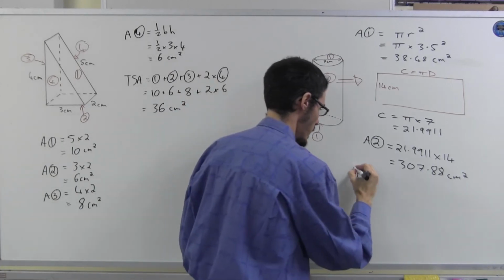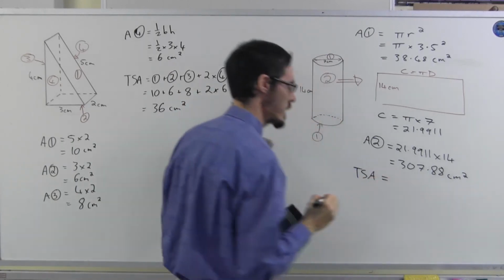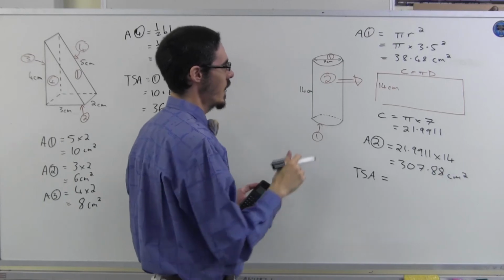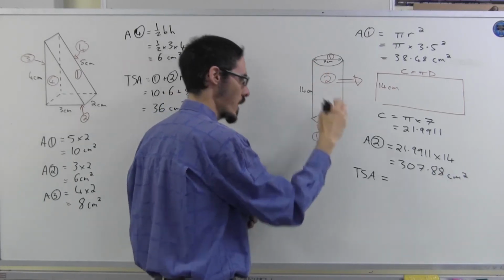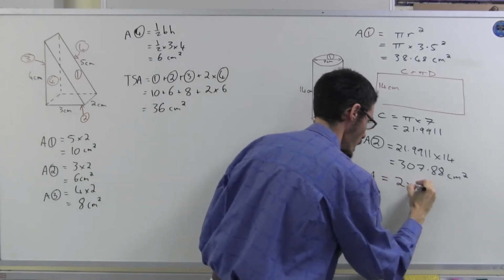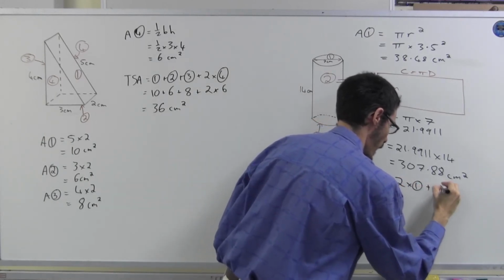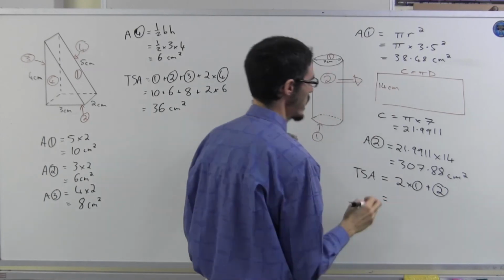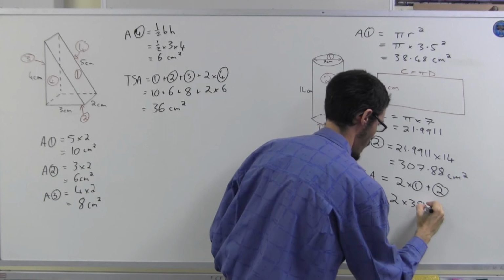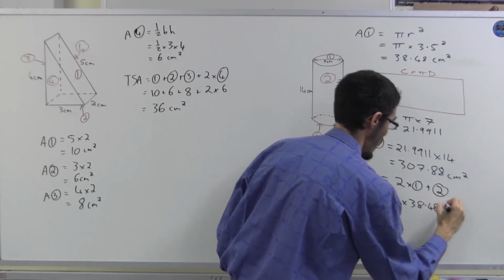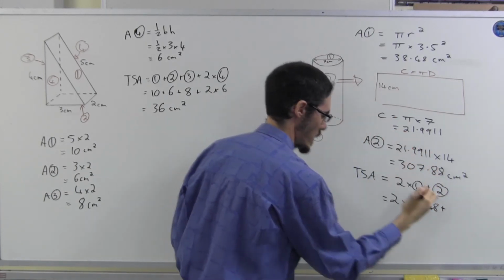And then my total surface area is, let's look carefully, I'm going to have 2 lots of 1, 2 circles, and 1 lot of 2. So that's 2 times that, plus that one.